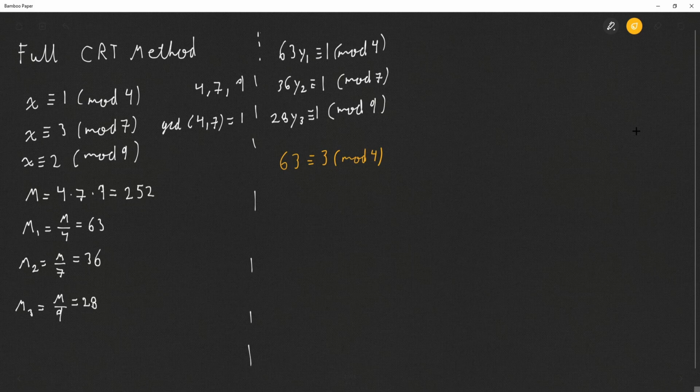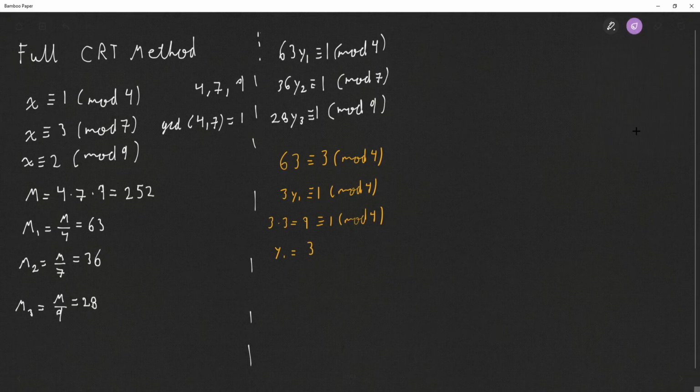So because this can simplify from 63 all the way down to 3, what we're able to do is replace our 63 in our original equation, which is 3y1 being congruent to 1 modulo 4, which makes things a lot easier to work with, because now we can just try values where 3y1 would be congruent to 1. So we're going to try 3 multiplied by 3, which will give us 9. And as you can see, 9 is congruent to 1 modulo 4, which means that our y1 is going to be equal to 3.